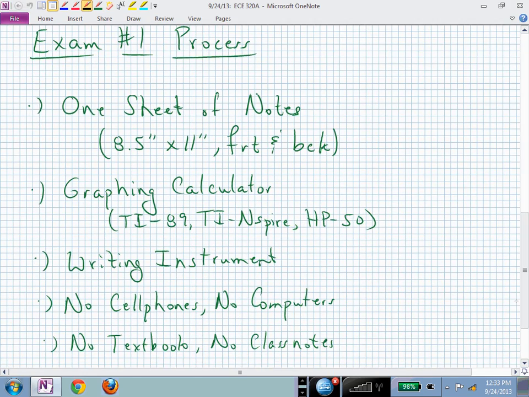Quickly on the exam number 1 process, I believe this has been posted on the D2L website for quite a while. You need to furnish your own one sheet. I'm not supplying that to you. So make sure you create your own sheet. You can write on the front and the back, but make sure it's this standard 8.5 inches by 11 inches page that you're using.